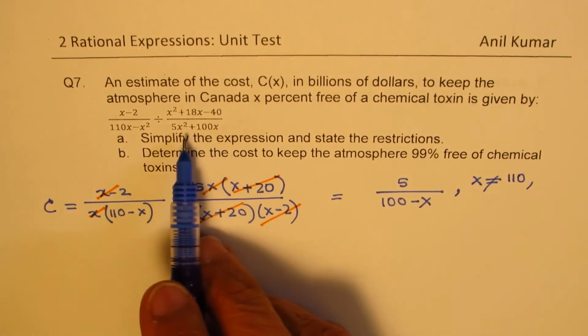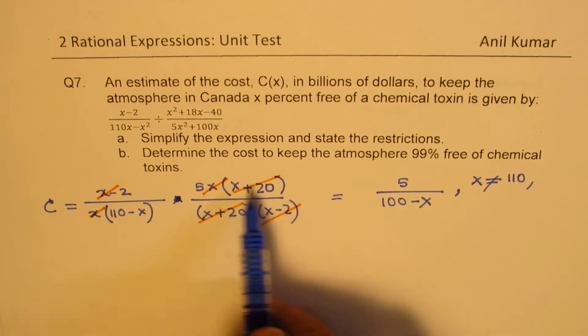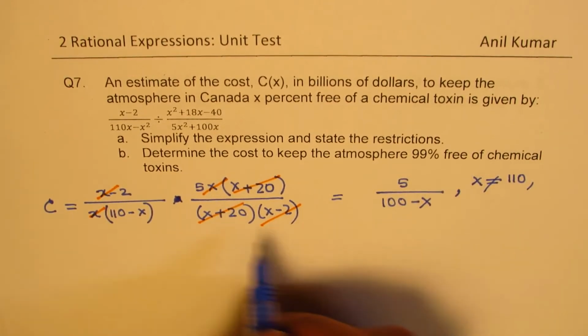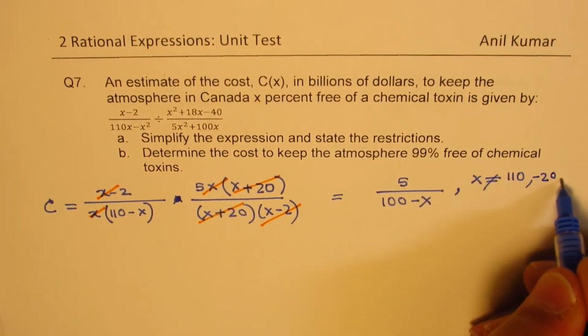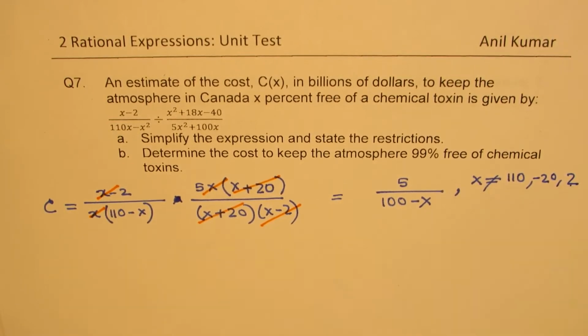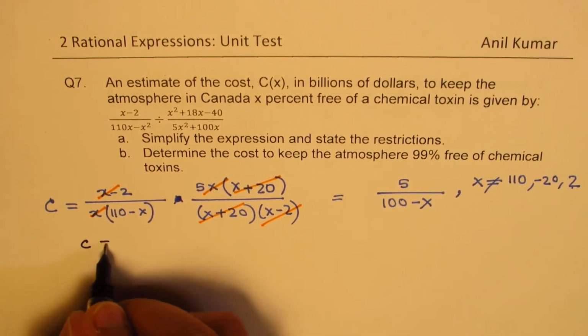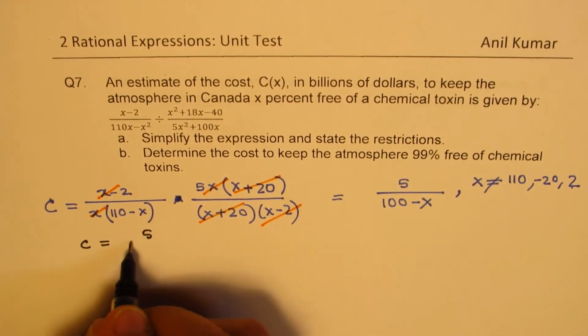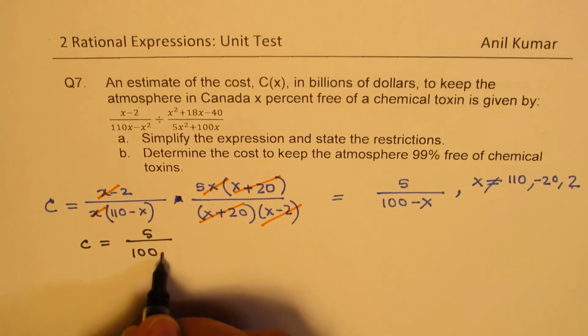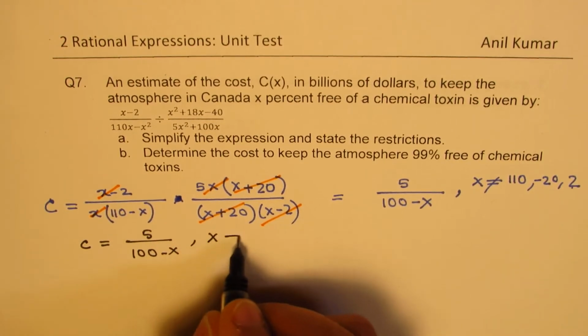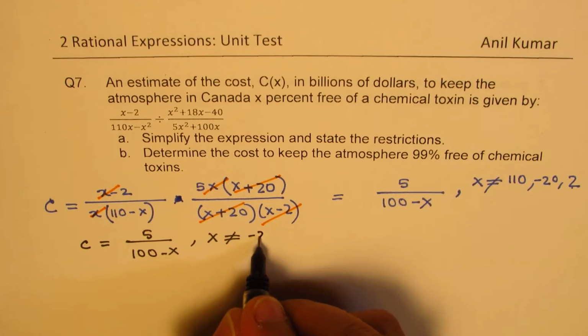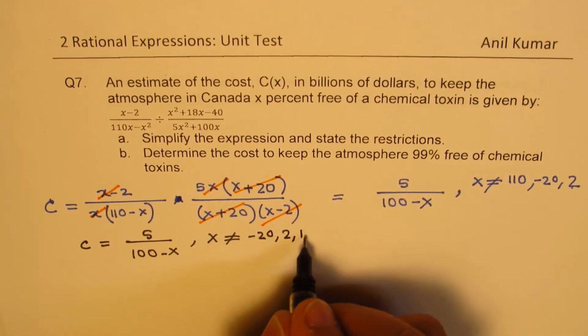Then here, because this was a division, we have to write all the restrictions. So minus 20 and 2. So x cannot have these values. Perfect. So we now have a simplified expression, which is C is equal to 5 over 100 minus x, where x is not equal to minus 20, 2 and 110.